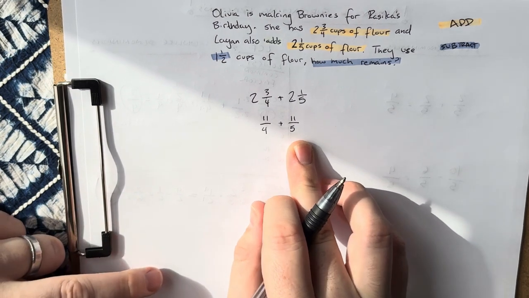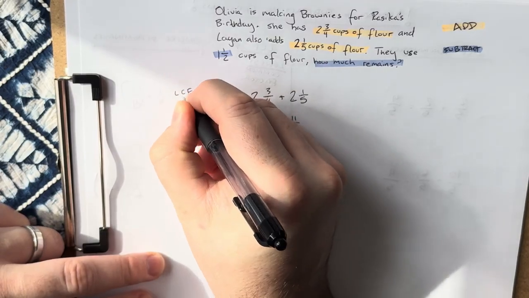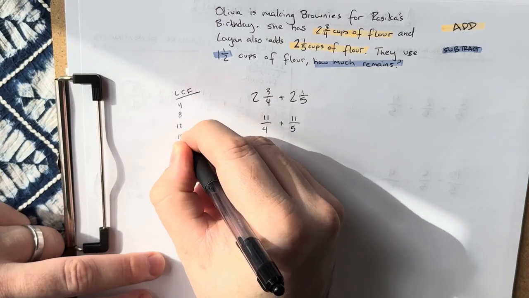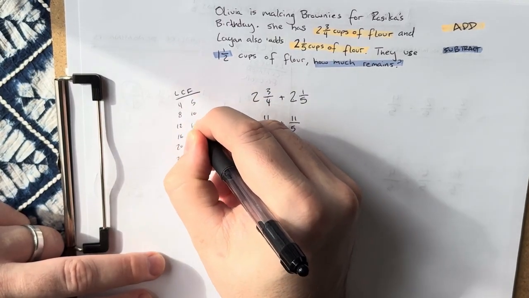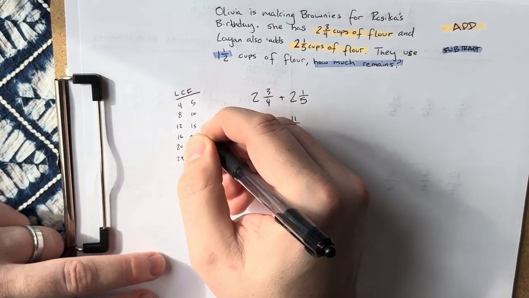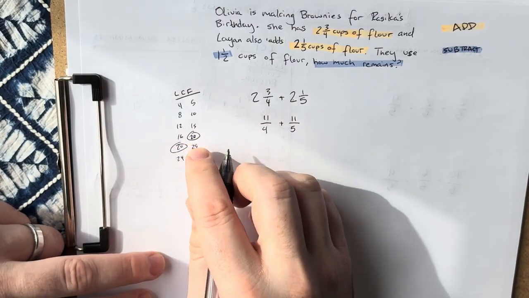Now we have this. Now we need to get our like denominators to do our problem together, all right? So looking at this right here, what's our lowest common factor here? 4, 8, 12, 16, 20, 24, 5, 10, 15, 20, 25, 30. We see that 20 is our lowest common factor that's the same.